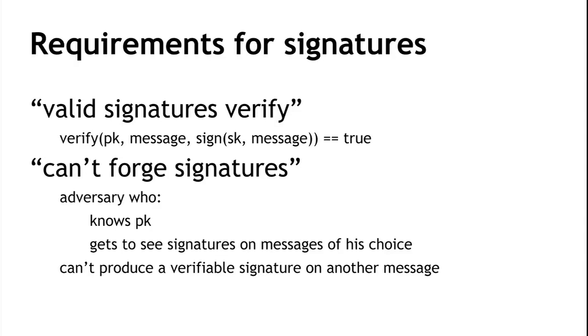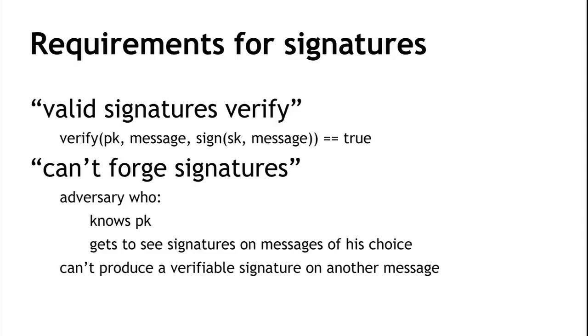This says that signatures are useful at all. But the second thing you want is that it's impossible to forge signatures. That is, an adversary who knows your public key, your verification key, and gets to see signatures on some other messages, can't forge your signature on some message that he wants to forge it on.